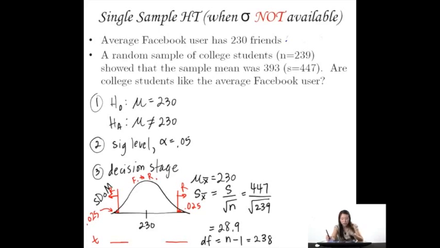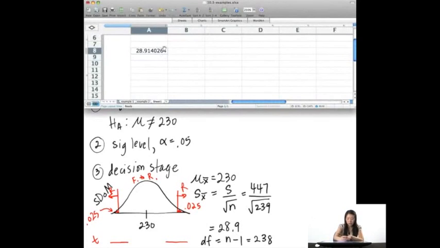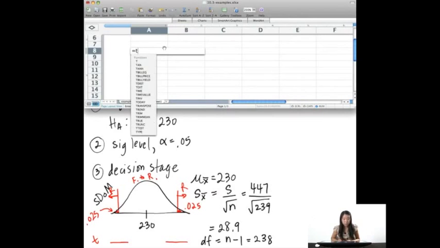So you could either look this up in the back of your book, or I'm going to look this up on Excel. So here I'm going to use my T.INV.2T, and I put in my two-tailed probability, 0.05, right? And my degrees of freedom, which is 238.